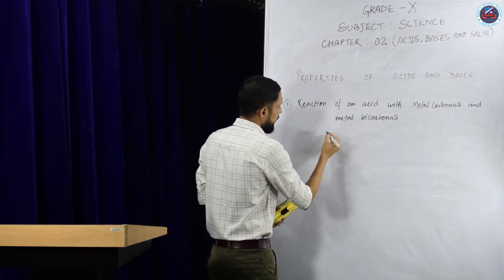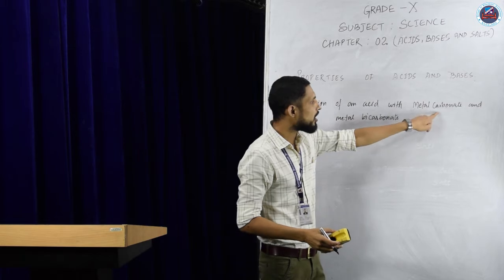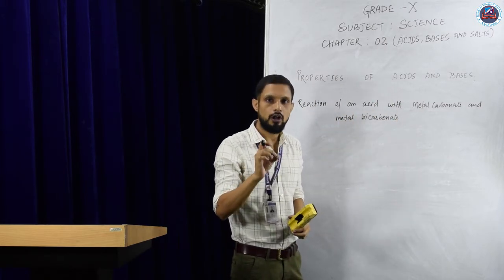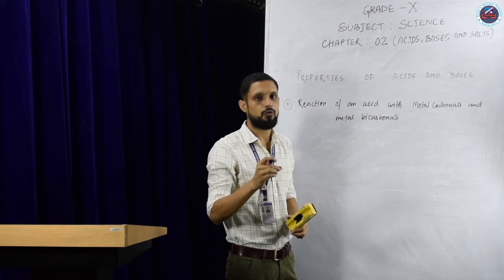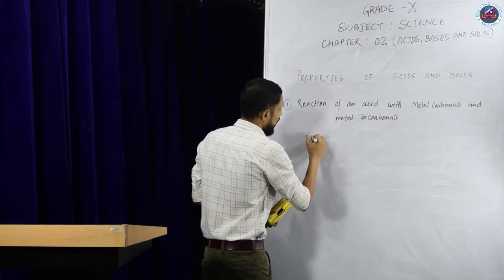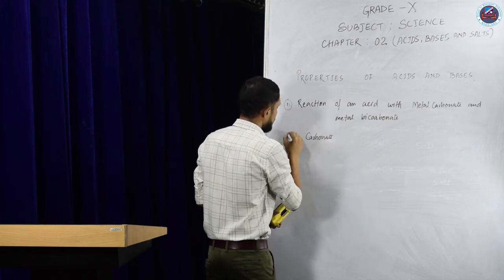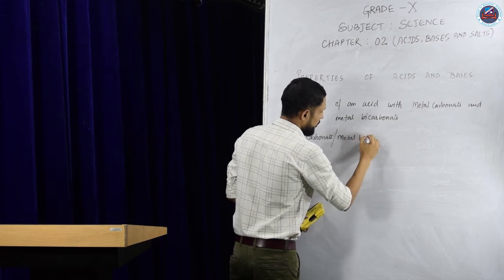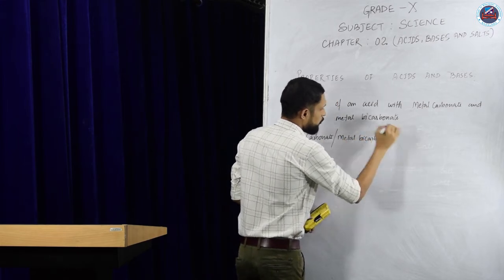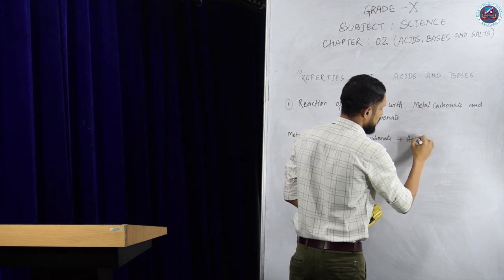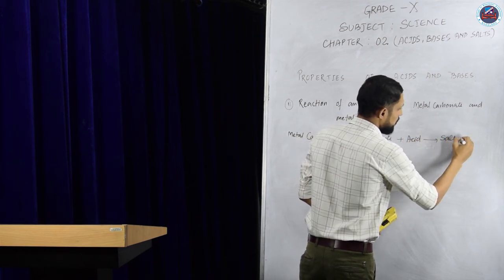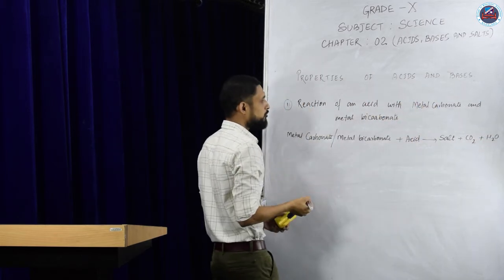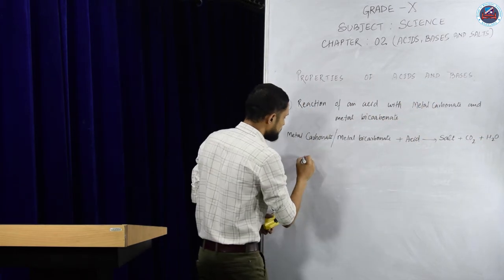So if an acid reacts with metal carbonate or metal bicarbonate, it forms salt, carbon dioxide and water. So carbonate, that is metal carbonate or metal bicarbonate, if it reacts with acid, it forms salt, carbon dioxide and water. Let us try to understand this with the help of a reaction.